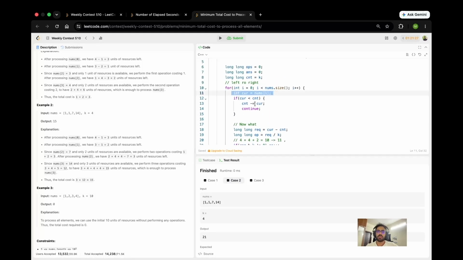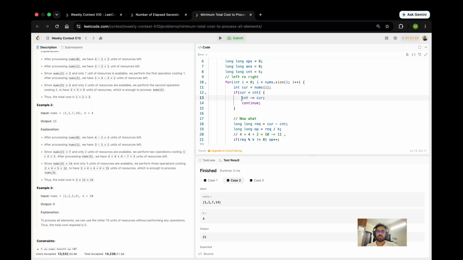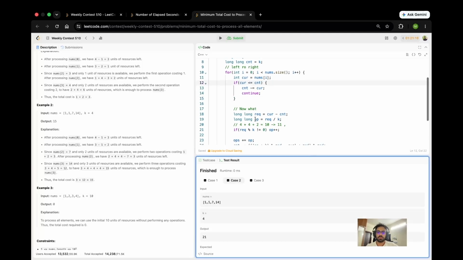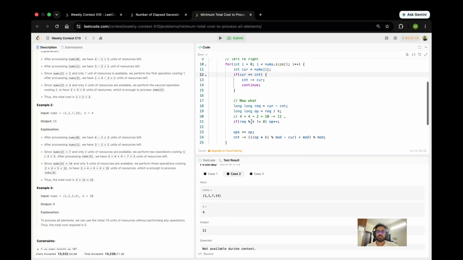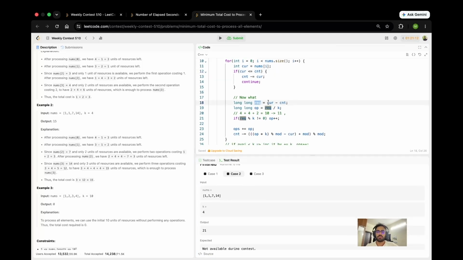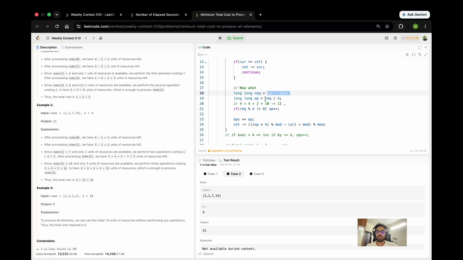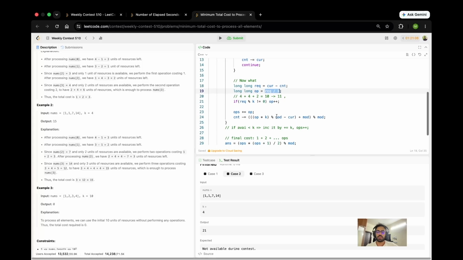Current is nums of I. If current less than count, what do we do? Count minus equals to current, continue. First, less than or equals will also work. Okay. Required equals current minus count. Operation equals required by k.